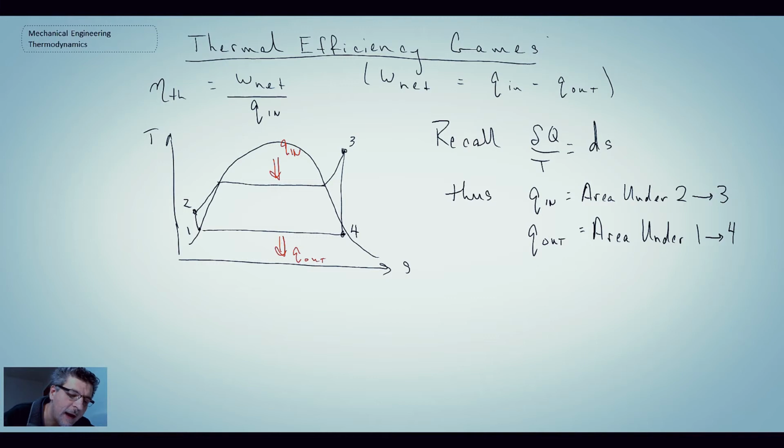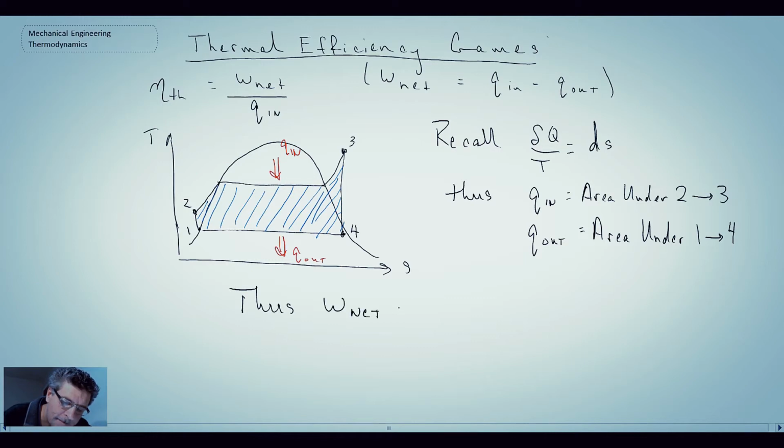So with that, if I shade this area in here, we can write that the net work of the cycle is equal to the shaded area, because that would represent the difference between Q in and Q out.